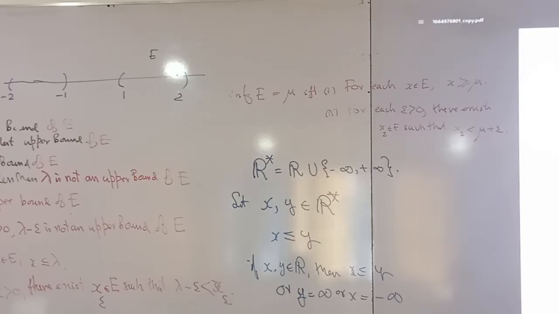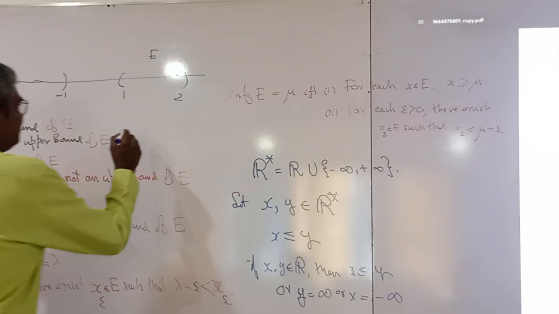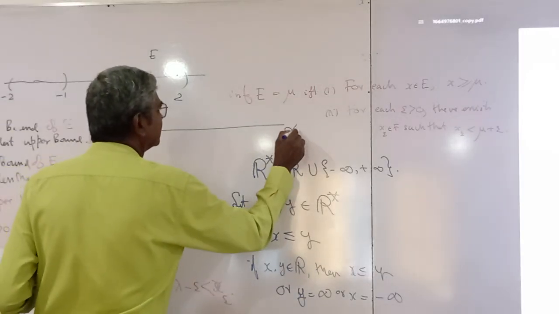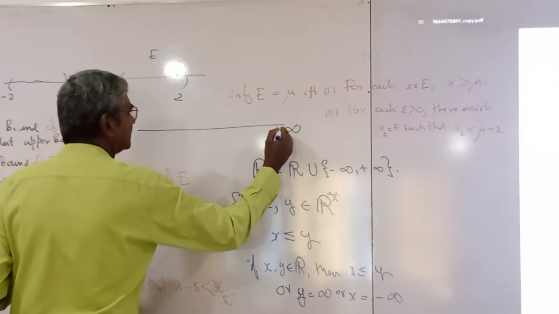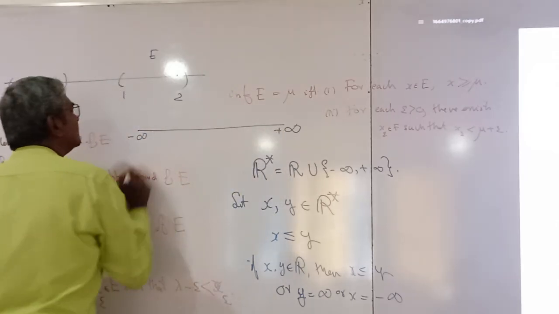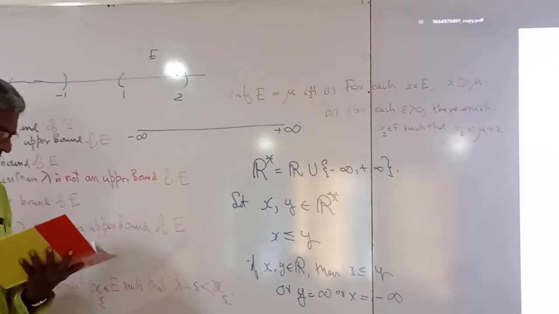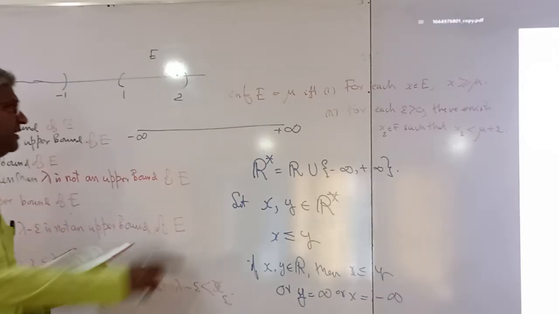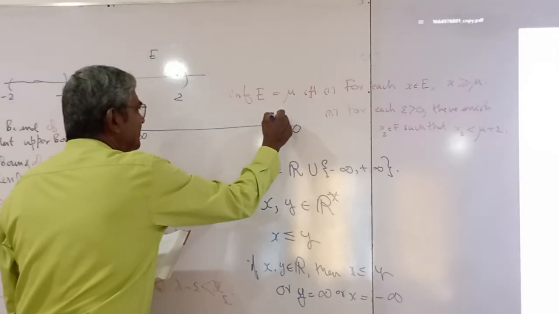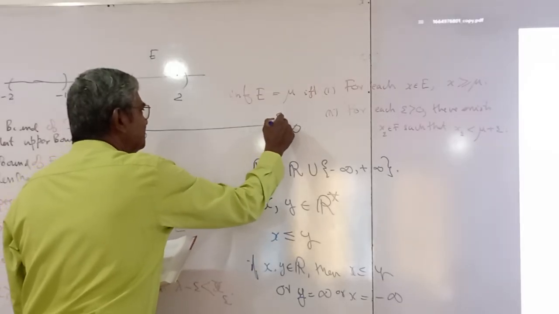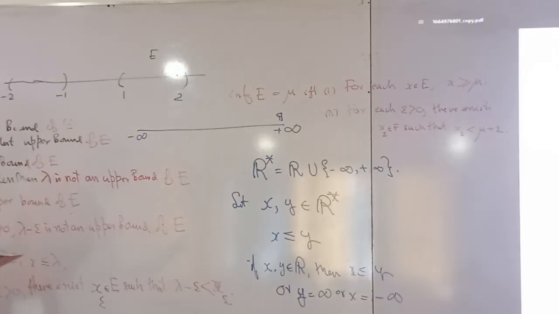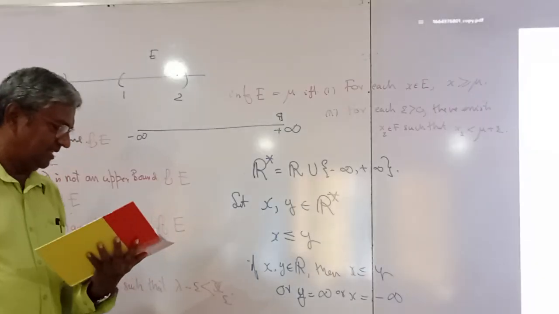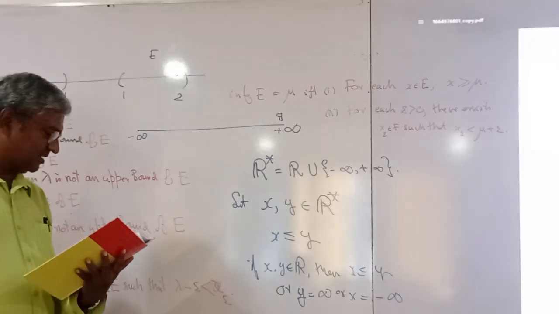Imagine a piston at plus infinity, moving leftward, until it is stopped by the presence of a set E.